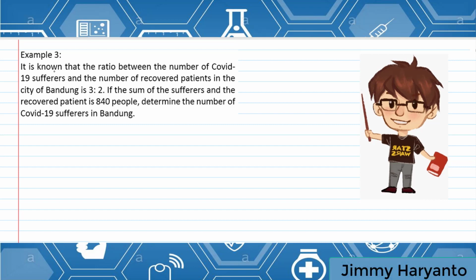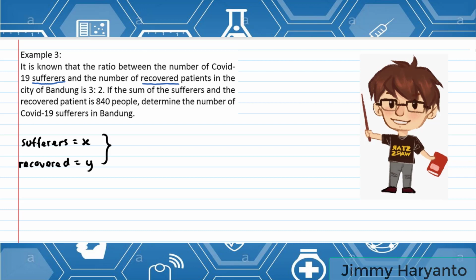So we have to translate this sentence into a mathematical expression. First, we don't know how many sufferers and how many recovered patients there are in this situation. So I let the sufferers be x and the recovered be y.